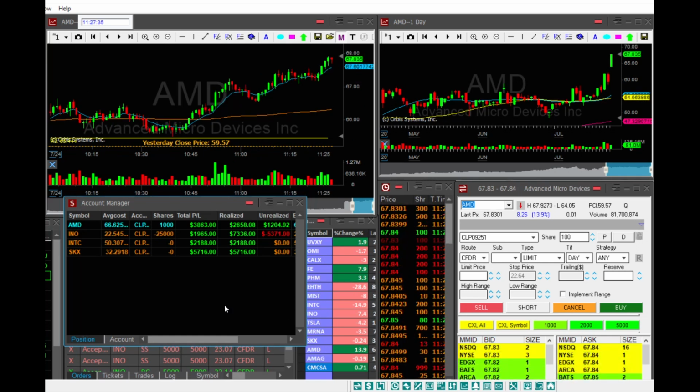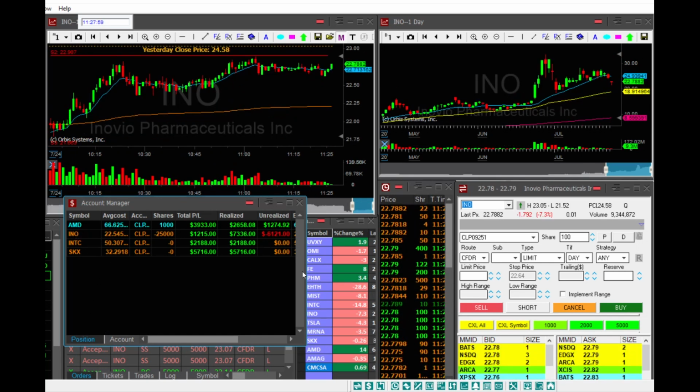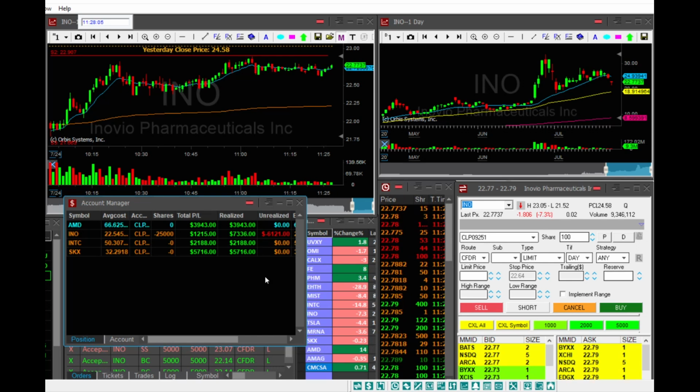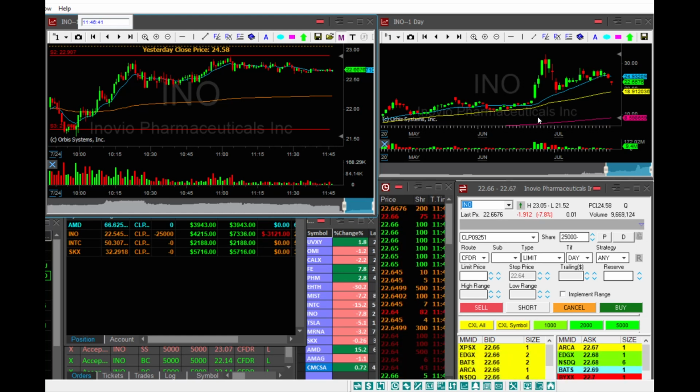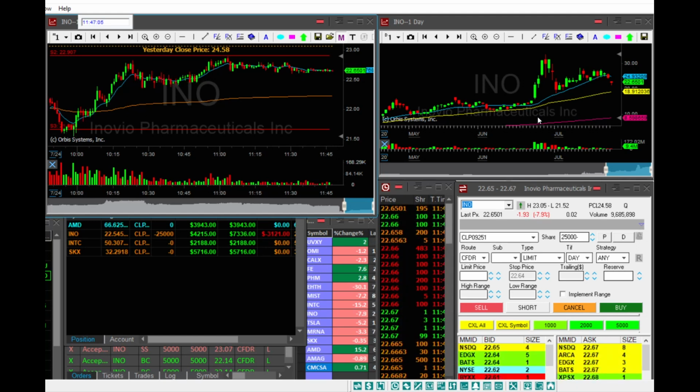That's a beautiful breakout chart on AMD. Volume is coming in. Look at the volume there, 91 million shares. That's amazing. So INO is basing. If we break 2250 support, we should see the VWAP.